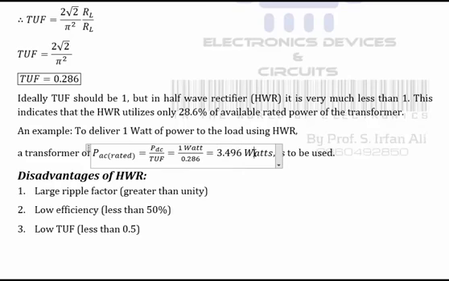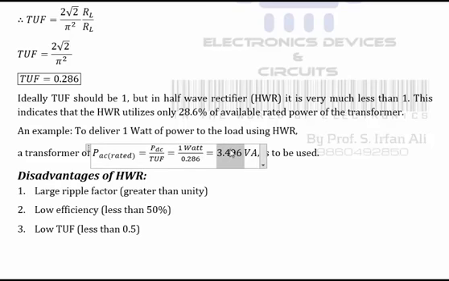The transformer is not actually measured in watt, it is measured in VA. For AC we generally measure power as the VA rating of the transformer. The VA rating of the transformer must be equal to 3.496.